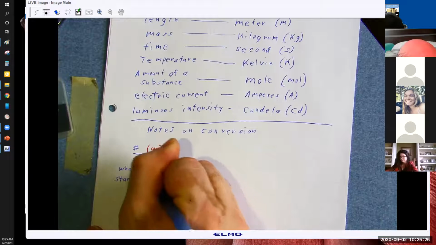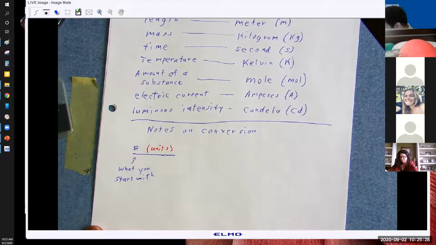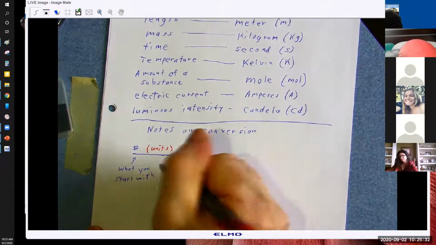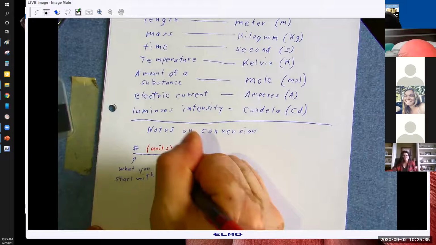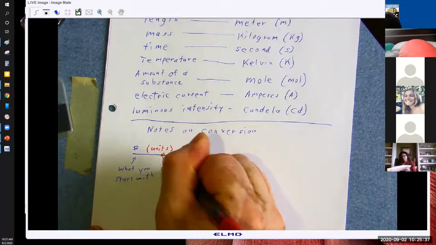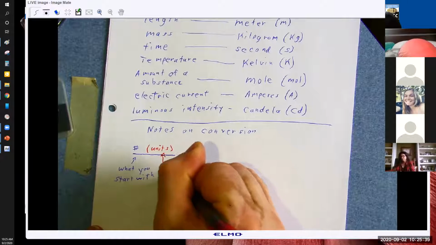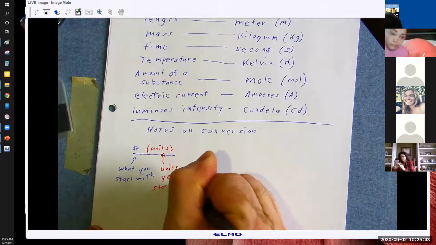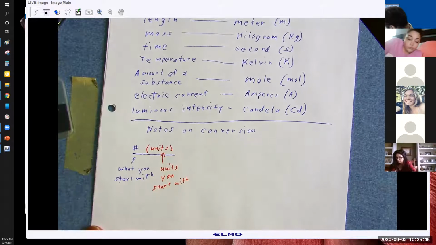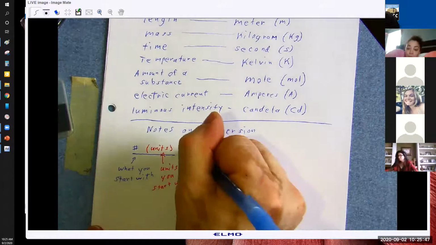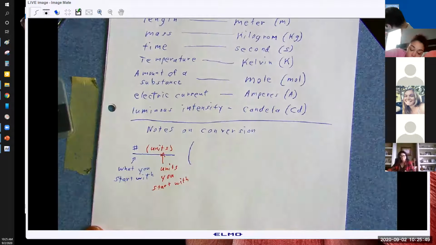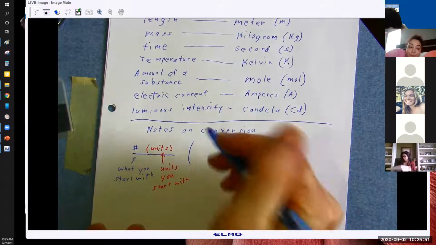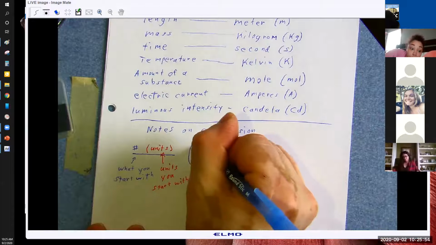So you're usually given a number, right? And that number is what you start with, and you're also given a unit. So the units you start with. I'm going to put these notes in after I do this.